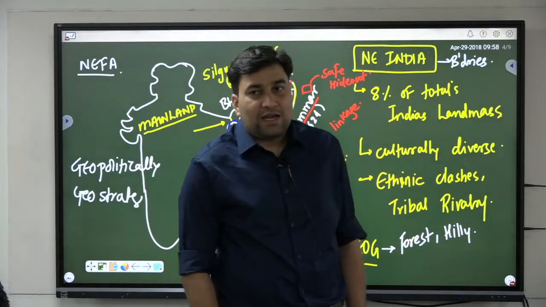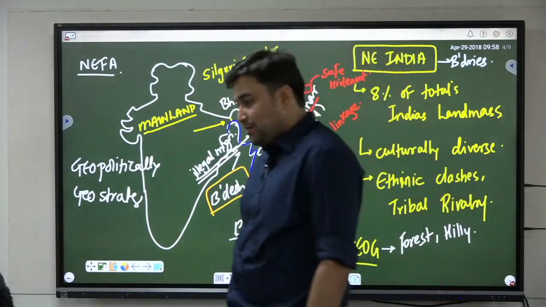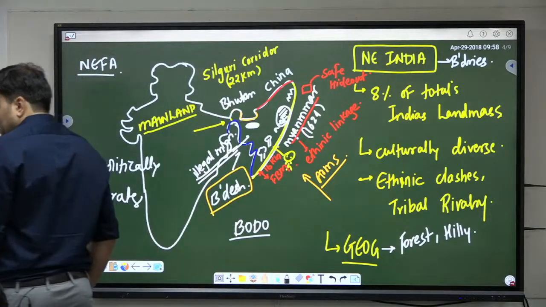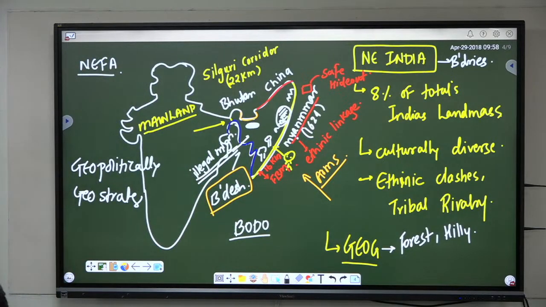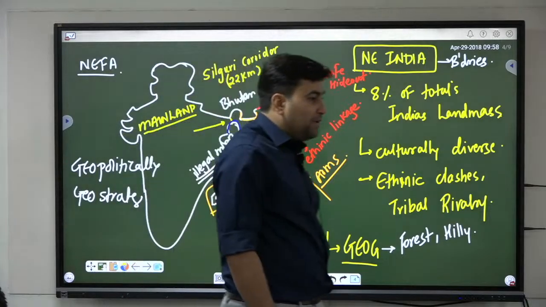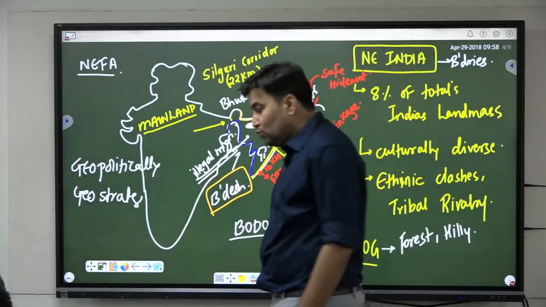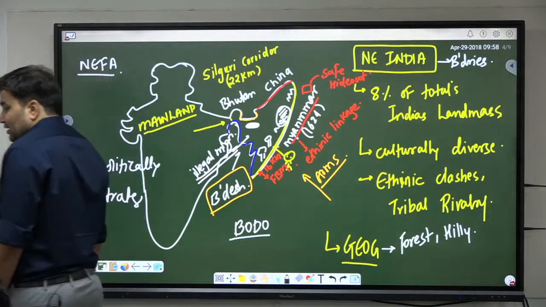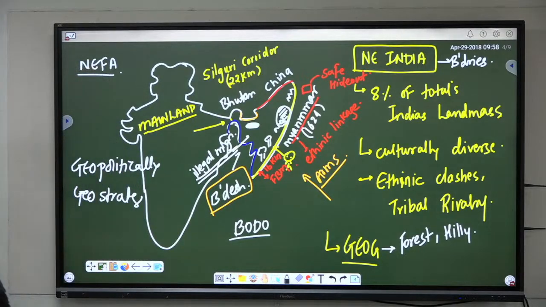Example, Nagaland in 1963, Manipur, Tripura, Meghalaya in 1972, and Arunachal Pradesh, Mizoram in 1987. Right?